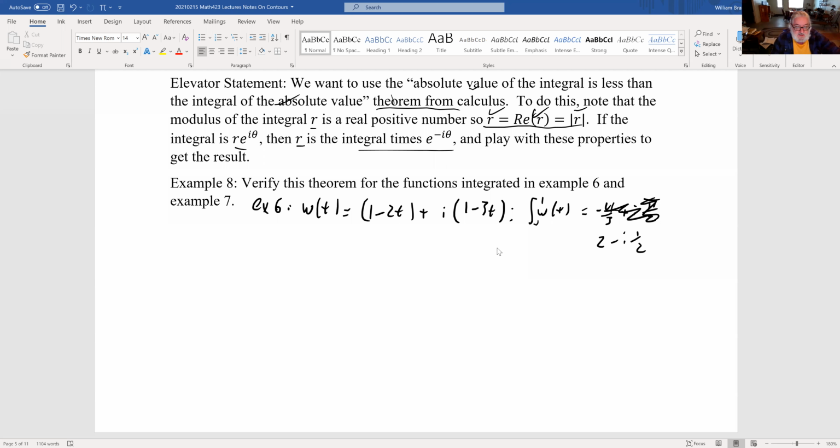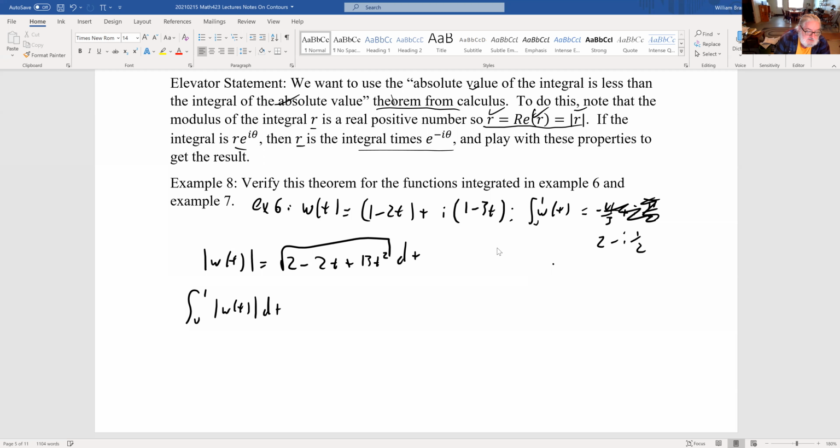Okay. So the modulus of w of t is, after you grind it all out, the square root of 2 minus 2t plus 13t squared. The integral from 0 to 1 of the modulus of w of t dt is integrating this with respect to t.